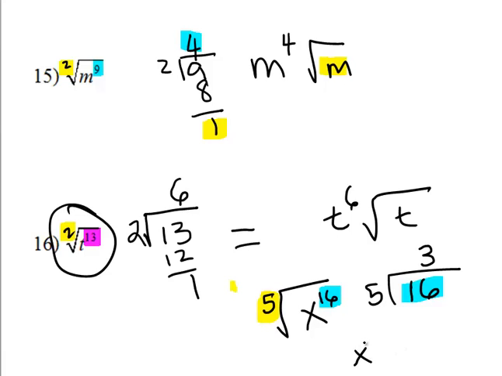So on the outside, I get to pull out x to the 3rd, and what's left inside is the remainder of 1.